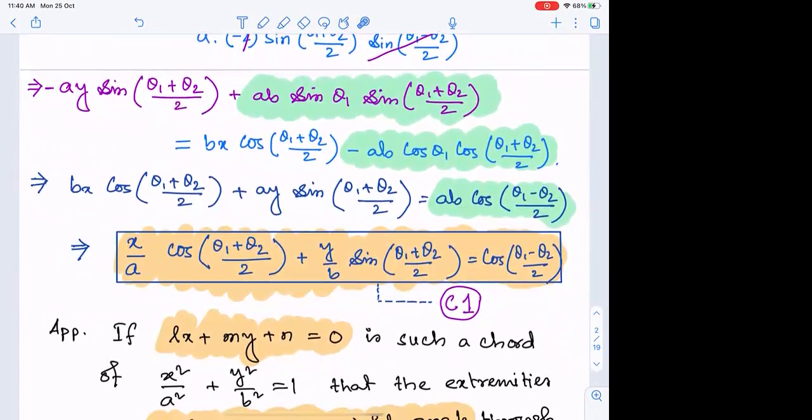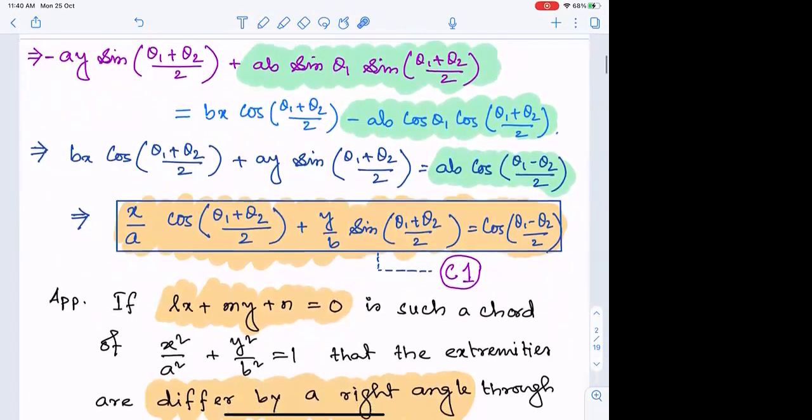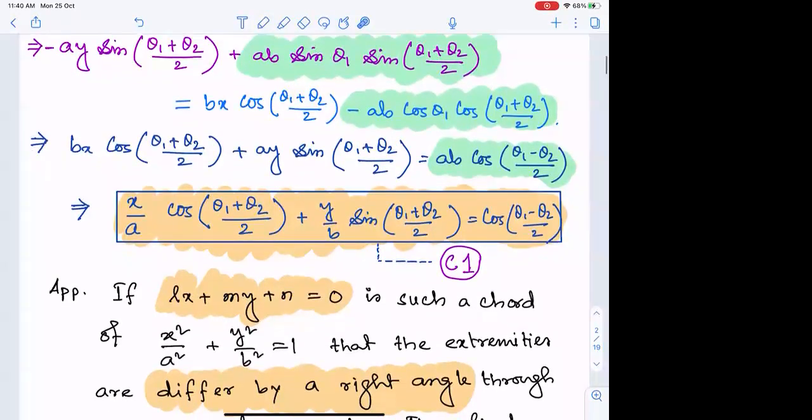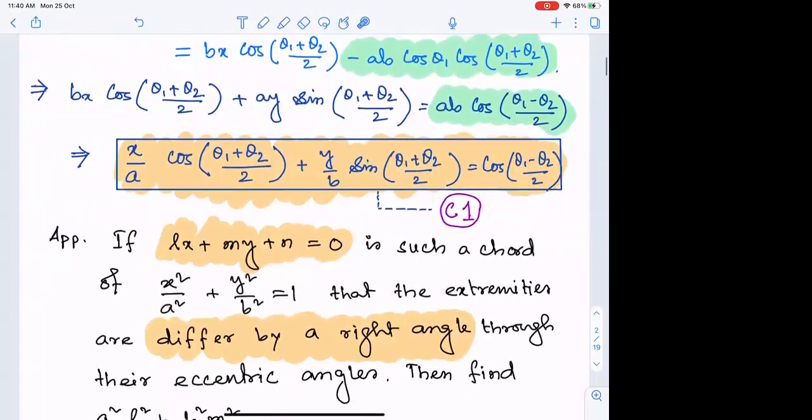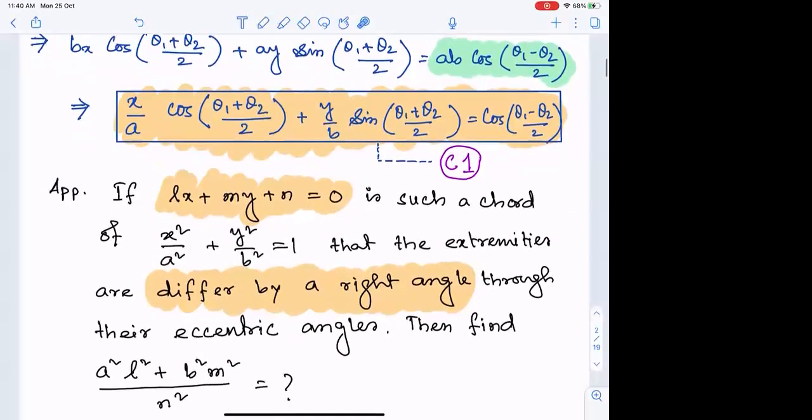Like if we have been given Lx plus My plus n is equal to 0 as a chord of x squared by a square plus y squared by b square is equal to 1, such that the extremities differ by a right angle through their eccentric angles, then find a square L square plus b square m square by n square.